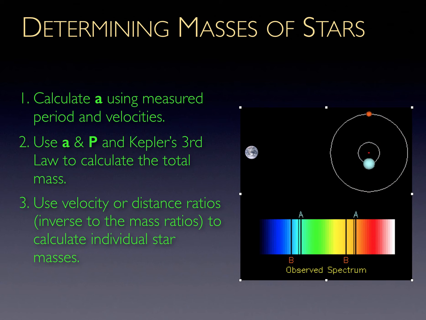The companion star must have a mass of 4 solar mass units and the first star 2 solar mass units. Doing the math, if x is the mass of the first star, then the companion has mass 2x. We know that x plus 2x equals 3x equals 6, then x must be 2. The first star has mass of 2 solar mass units and the companion has mass 2 times 2 or 4 solar mass units.